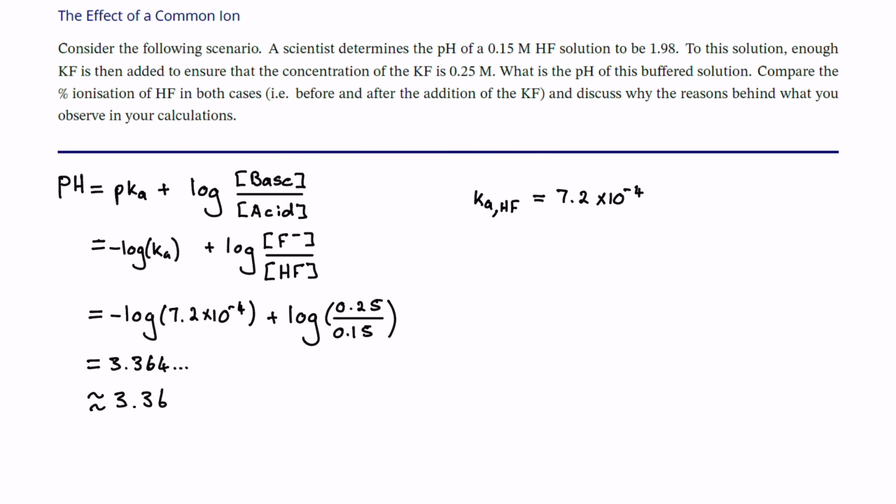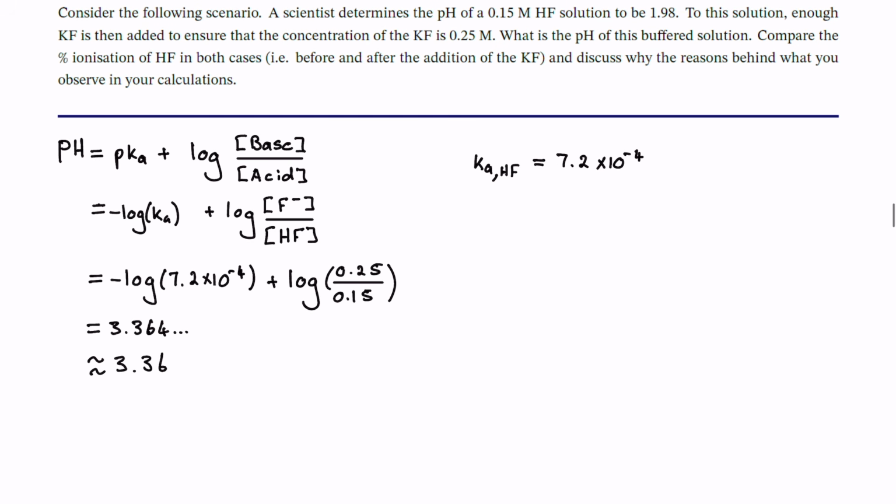Our next question is to calculate the percentage ionization in both cases. In other words, the HF on its own, and the buffered solution, meaning the mixture of the acid with its conjugate base. So let's first recall how to calculate percentage ionization.